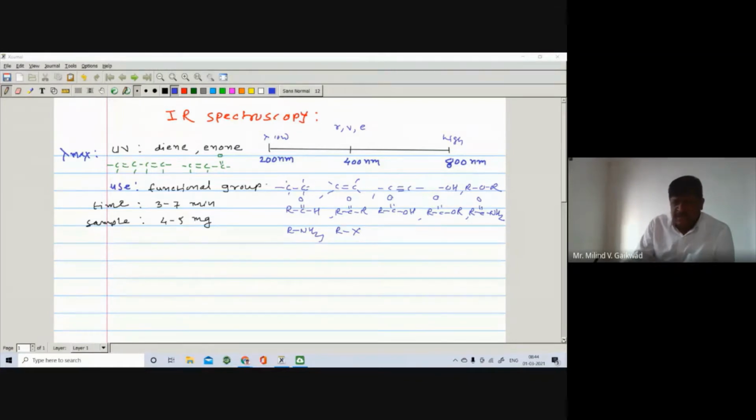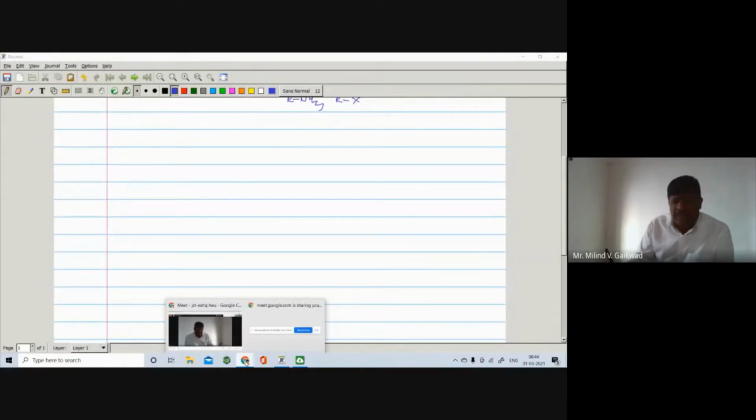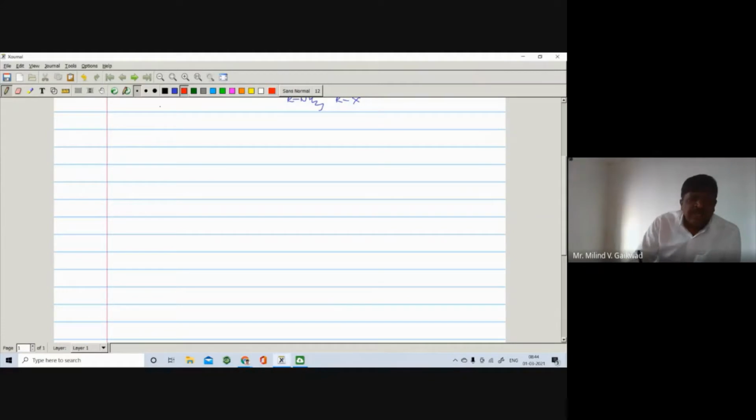Now the next part is important, the division of IR spectroscopy. Let us see the division of IR. This IR is divided into three parts.